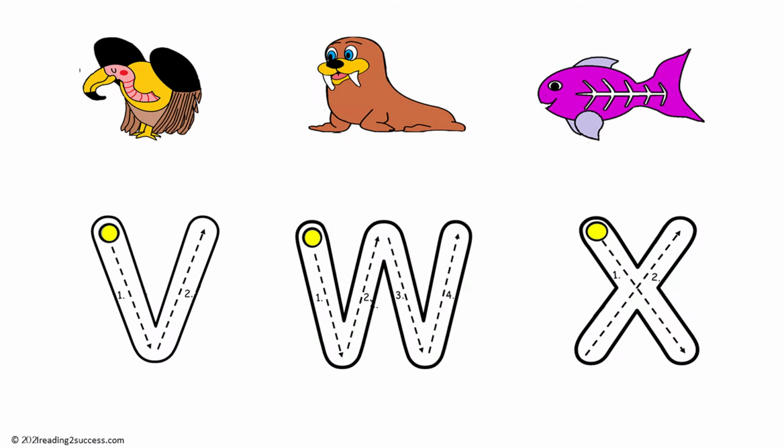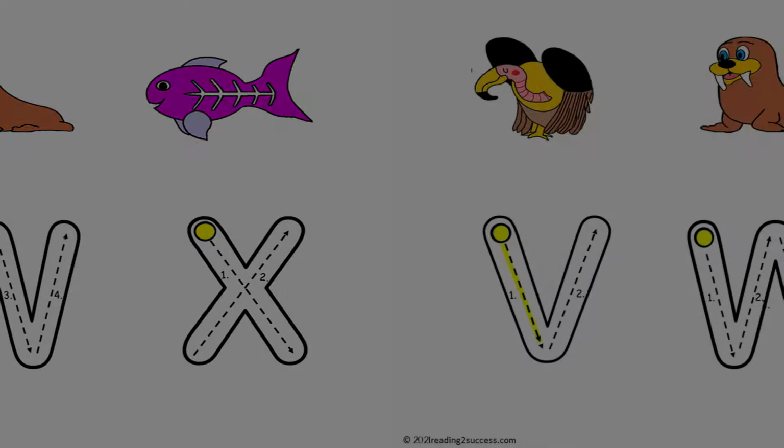The next letter card has three letters, V, W, and X. V is a consonant and makes the sound V heard in vulture. W makes a W as heard in walrus. And X makes an X sound as heard in X-ray fish.